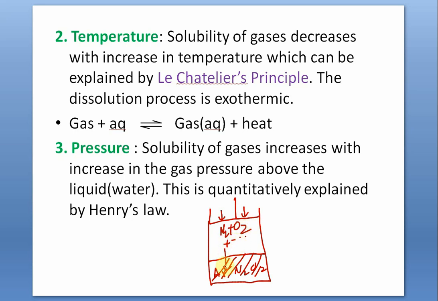So Raoult's law will tell you how to correlate the liquid composition with the gas pressure. Just like in a binary liquid mixture, Raoult's law correlated the partial vapor pressure of any component in the vapor phase with the liquid composition.